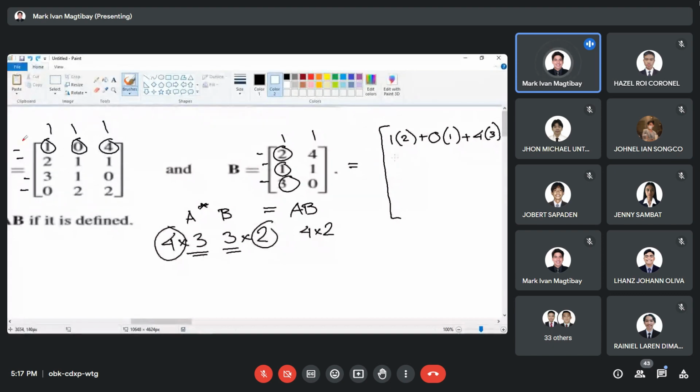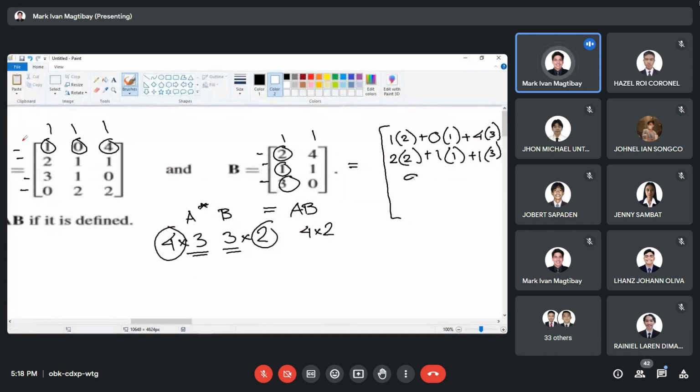So, second row, 2 times first column. This is 2 ulit. Plus 1 times 1 plus another 1 times 3 po natin. Okay? So, nakuha po natin yung value ng A21 natin.